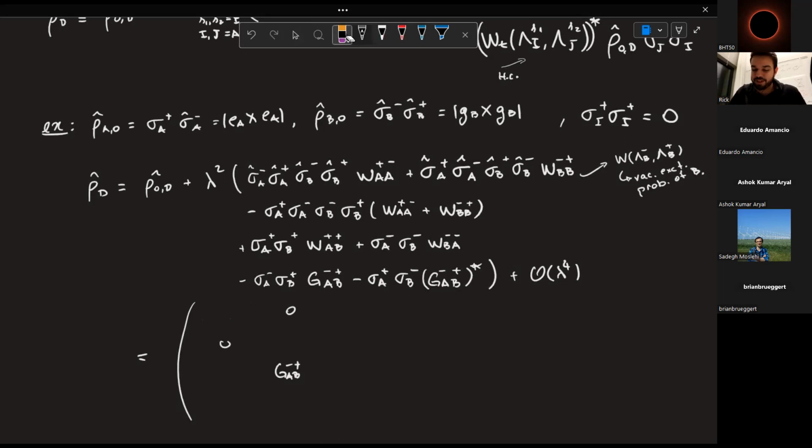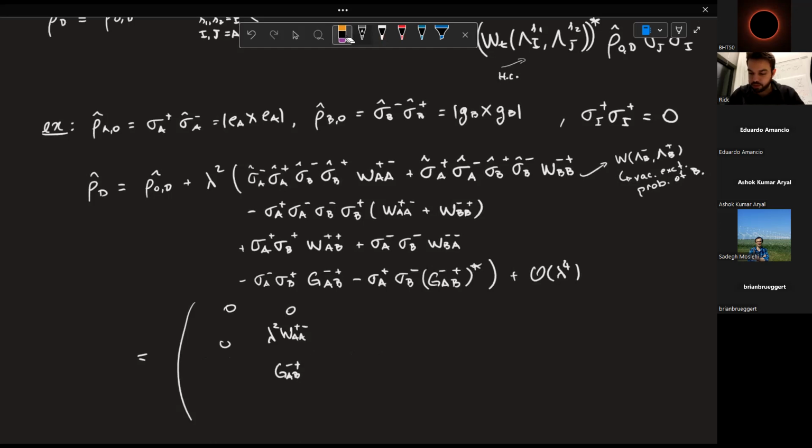So this up here is a projector in the ground state. This up here is a projector in the excited state, which is in the bottom. So basically, yeah, this should be here. WA plus minus. Nice. This one here is talking about this part of the matrix, and sigma A and sigma B plus is talking about the upper part up here.